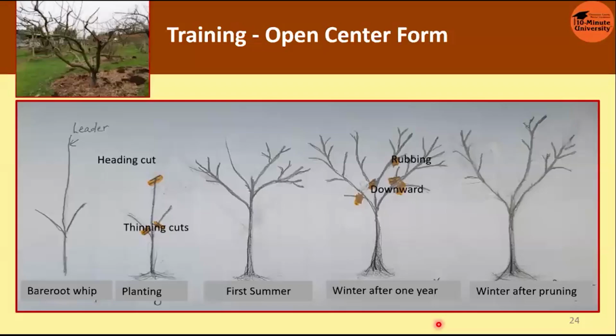And you can continue this for the next few years in order to complete developing your structure. And what you want ideally are branches that are 360 degrees around the trunk and have good vertical distance in their point of attachment. I have a video on fruit tree pruning, which will provide more information about how to train a young fruit tree.